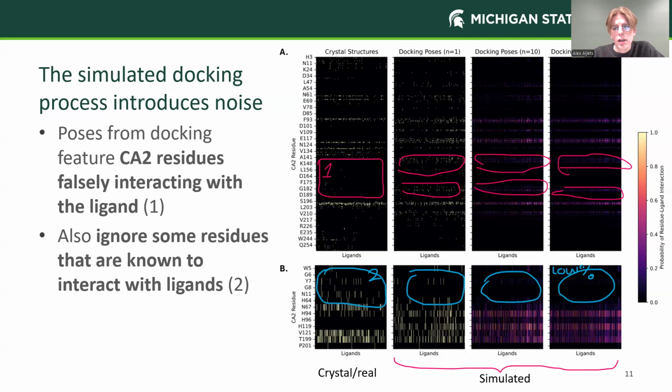Two interesting areas where noise was added were with CA2 residues falsely interacting with the ligand. You can see in the crystal structures, the real structures, there's a big blank spot in this part of the graph.